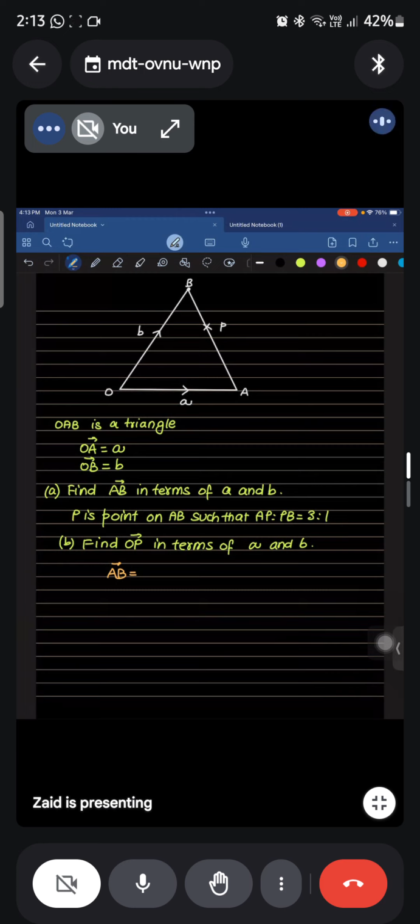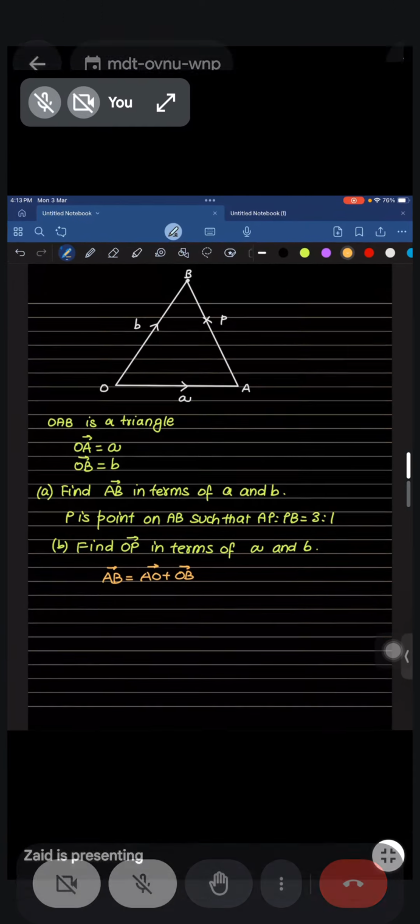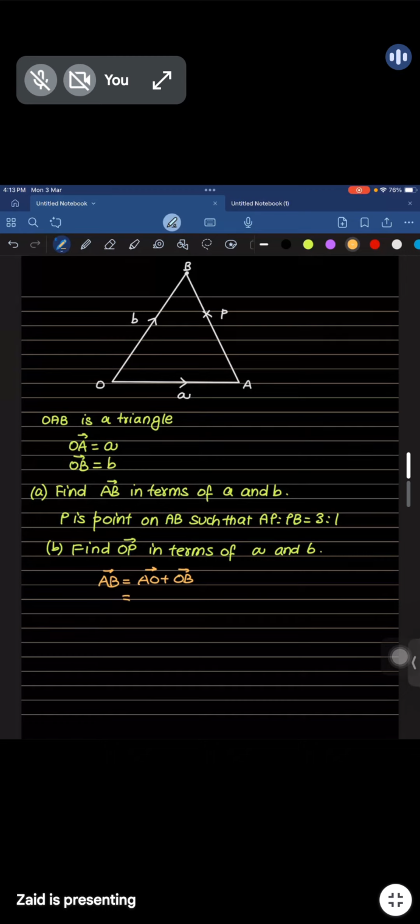AB can be AO plus OB. Yes. So AO, I have to go the other way, because OA is A. AO is going to be negative A, and OB is B, so negative A plus B, or I can say that AB is B minus A.